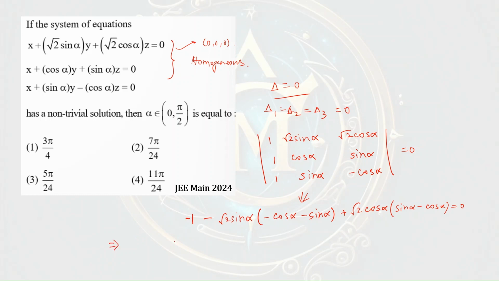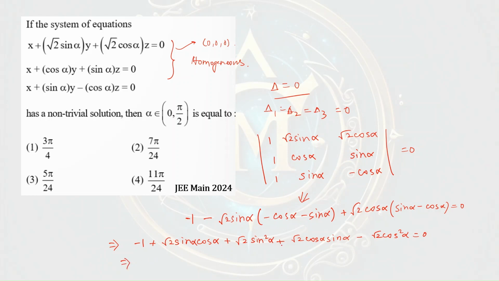That means if we open up, it becomes minus 1 minus root 2 sin alpha cos alpha with a positive sign here, of course, then plus root 2 sin square alpha, then plus root 2 cos alpha sin alpha, minus root 2 cos square alpha is equal to 0.